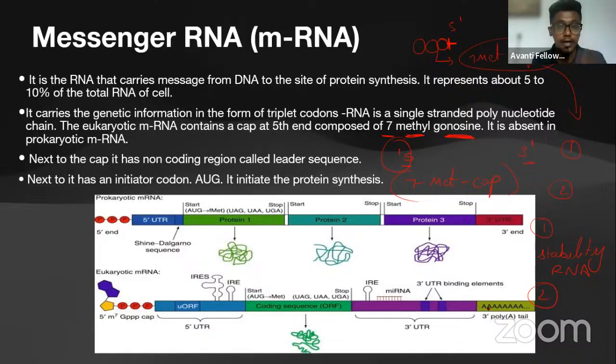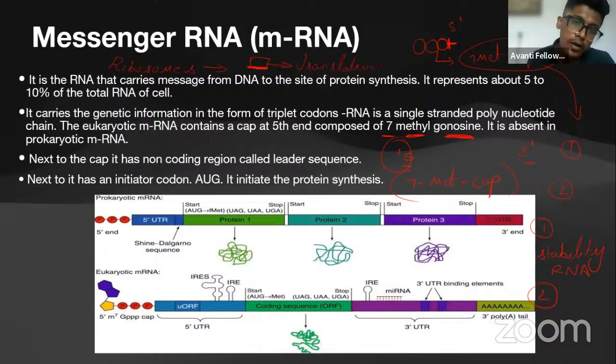Your ribosomes, correct? So the ribosomes should recognize this mRNA and accept it. So this 7-methyl guanosine cap that is present here will give a space or a platform for the translation machinery to start.